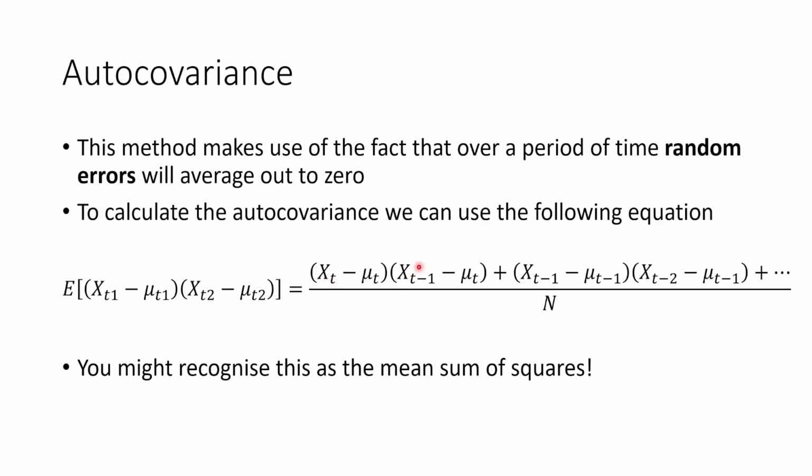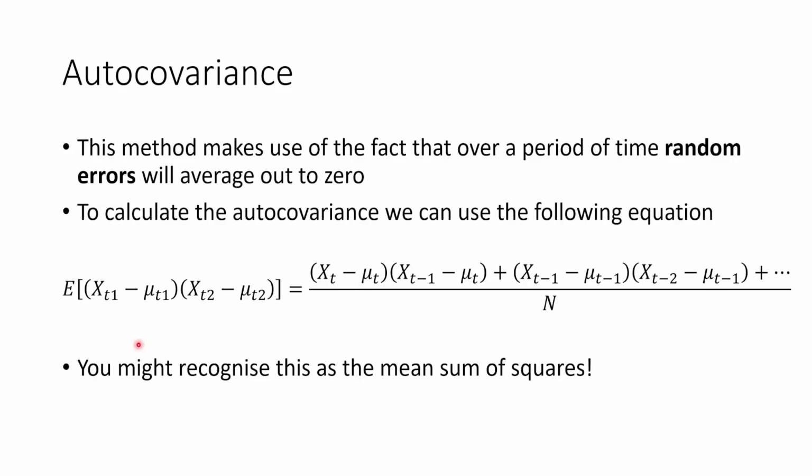So t minus 1, t minus 2, these are just different moments in time when we're measuring the position of the car. And the mean here is the mean of what we would expect to get for lots of measurements taken at that time. So in a sense, the true position of the car.